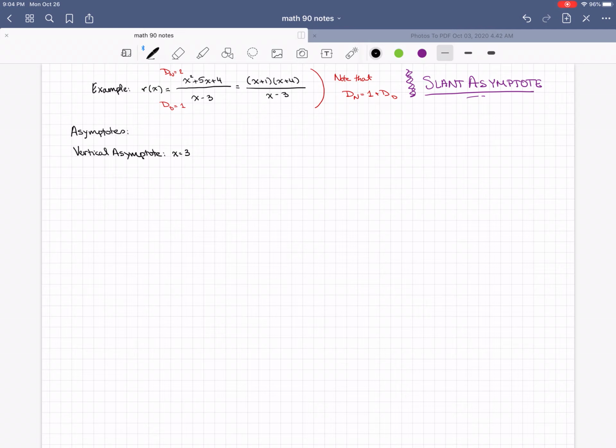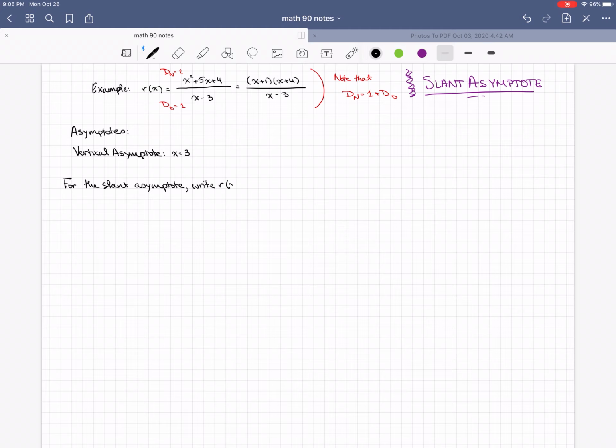No horizontal asymptote because the degree of the numerator is larger than the degree of the denominator, but there is a slant asymptote. And I'm going to remind you one more time that for the slant asymptote, we're going to write our function in quotient remainder form.